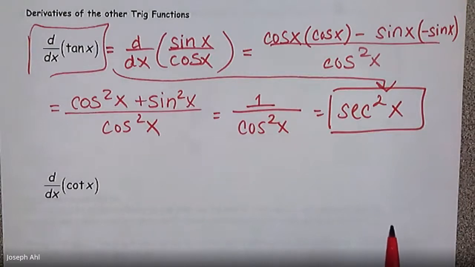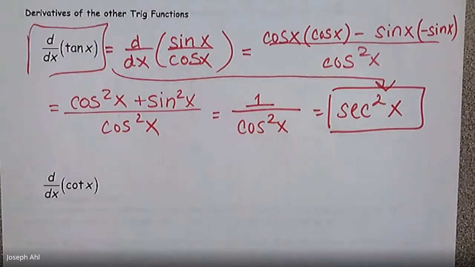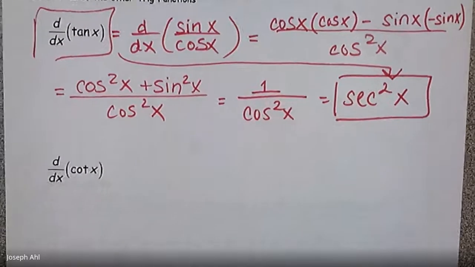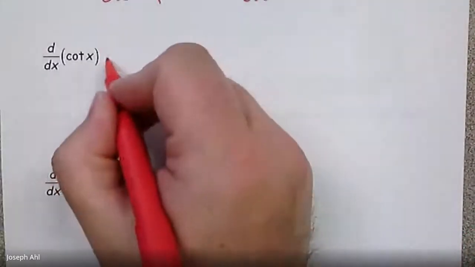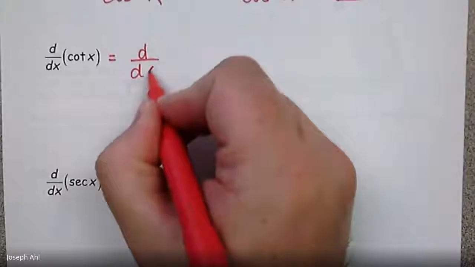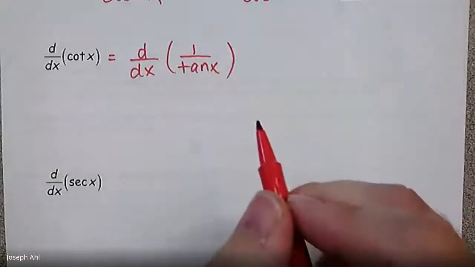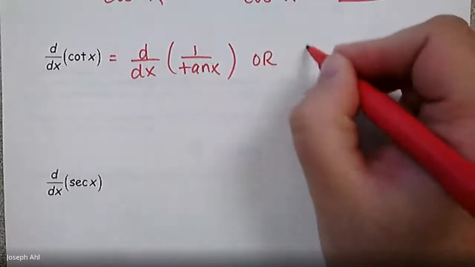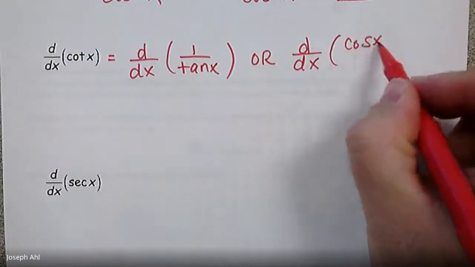Pretty awesome. And now that you start to get used to the hang of this, everything else can be expressed in terms of the functions sine and cos. If I ask you to find the derivative of cotangent, you can do one of two things. You can find the derivative of 1 over tan using a reciprocal identity, or if you liked what we did in the last step, you would just find the derivative of cosine over sine.